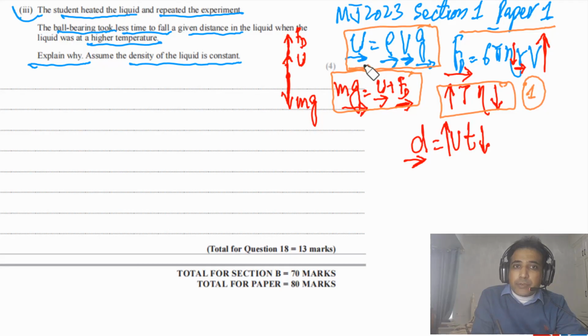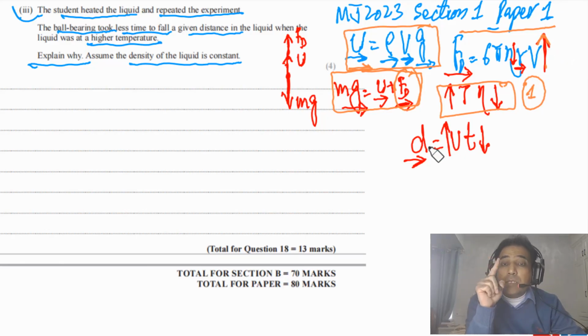We can say upthrust will remain constant, and then we can also say Fd also has to be constant when the ball bearing is falling at constant velocity. Then we can say as viscosity goes down, the velocity has to increase, speed has to increase. So as speed has increased, the time taken to cover the same distance will be shorter. So these are the points you need to include in your answer.